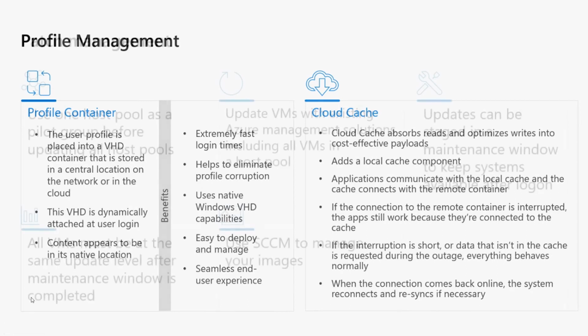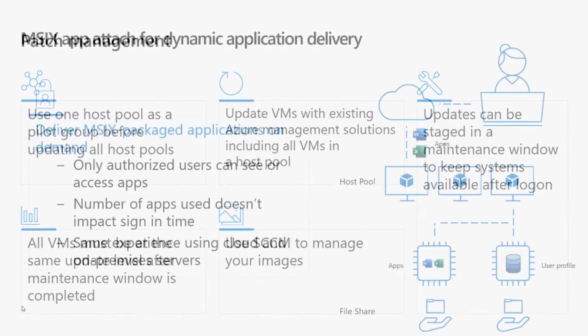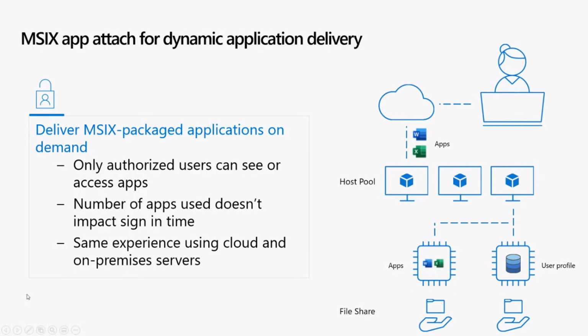So let's move on. Now we can talk about MSIX app attach. We have seen the user profile using FSLogix, where the profile is stored in VHD files on a specific storage in Azure. When a user logs in, that hard disk is mounted to the user profile, and they get a seamless experience.